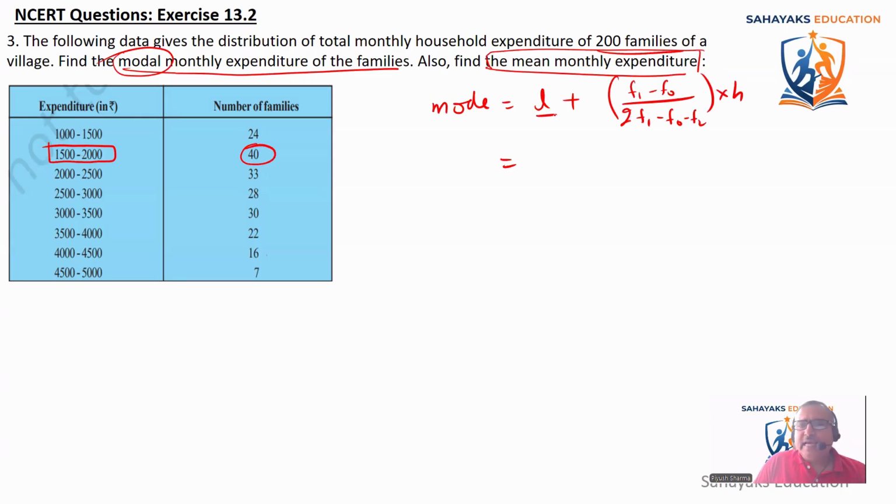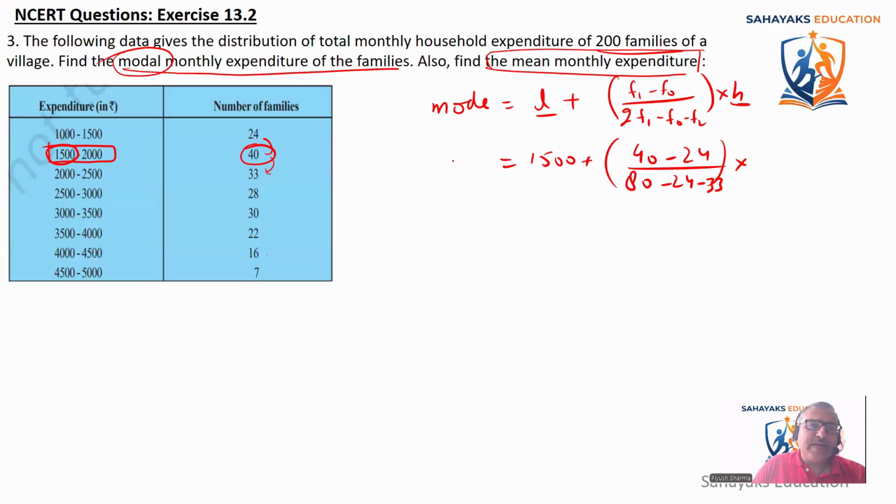So let's put the values. L is the lower limit of the modal class, that is 1500, plus F1, the frequency of the modal class, which is 40, minus F0, the frequency of the previous class, that is 24, divided by 2 times F1, that is 80, minus F0, 24, minus F2, the frequency of the next class, that is 33, and multiply with H. H is the class size.